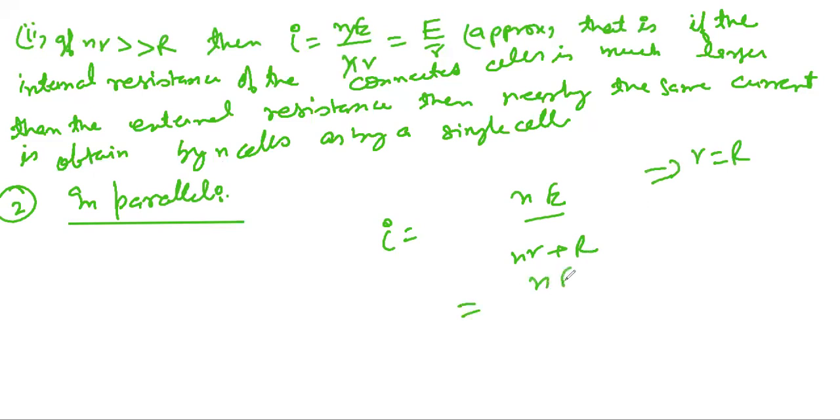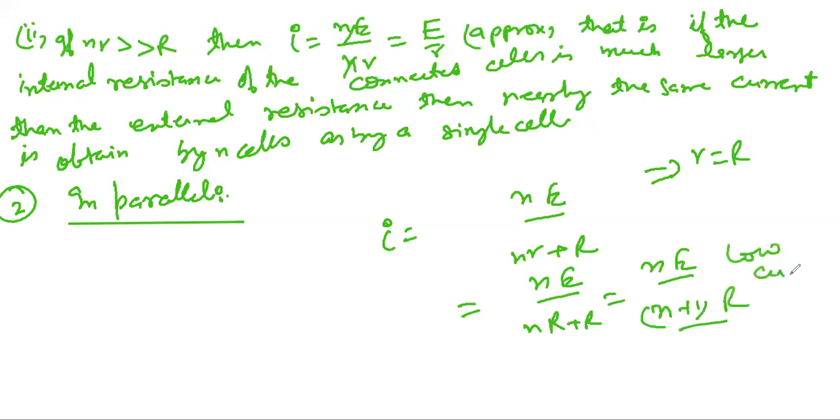Substitute the value: nE divided by nR plus R. So it will become nE divided by (n plus 1) R. So your current will be very low. Have you understood? Yes.